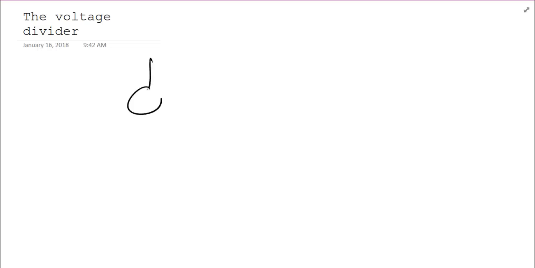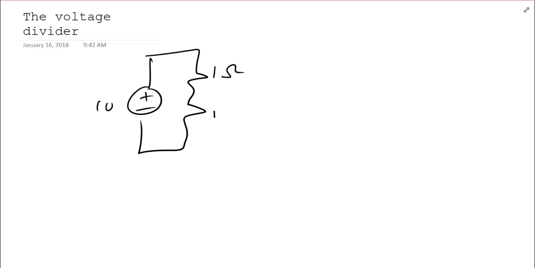Here's a circuit that has a power source and two resistors in series. For simplicity, I'm going to make them both 1 ohm resistors, and that's a 10 volt power supply. Now, we know that these two resistors share a current I. What we don't necessarily know is what the voltage is across each resistor.